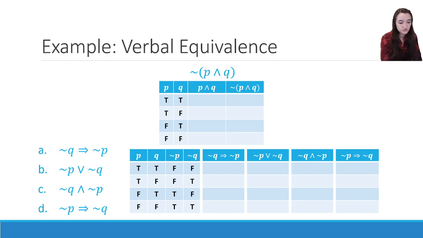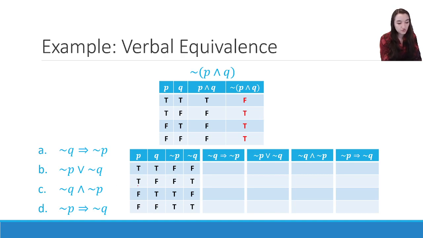So for our original statement, we have P and Q, which we are then going to negate. P and Q is only true if both are true, which means it's true in the first row. Then we negate each of these to get false, true, true, true, and that's what we're trying to match with.